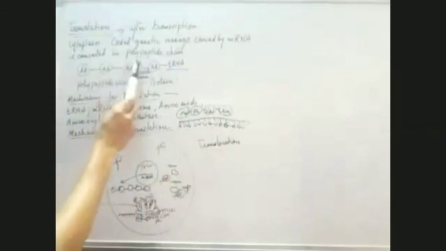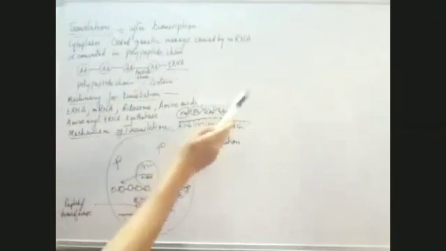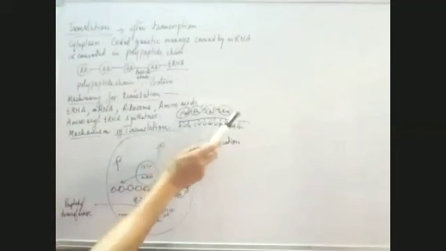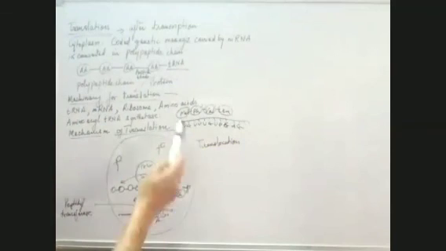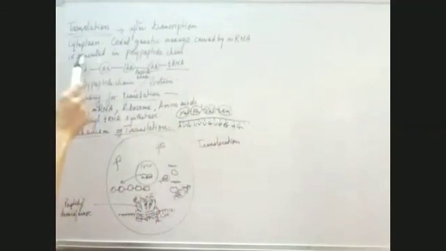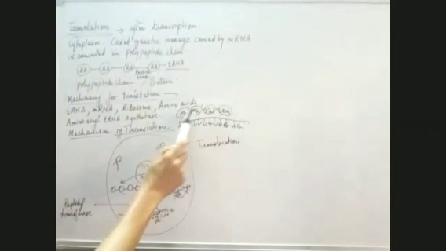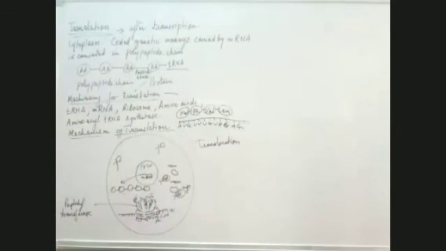When many amino acids like methionine, phenylalanine, valine, leucine all attach by peptide bonds, we get a protein molecule. So the coded genetic message has been converted into a polypeptide chain, which is a protein molecule, and the complete process is over.